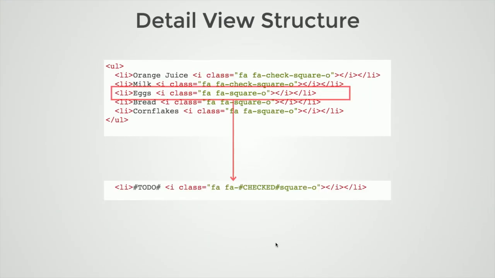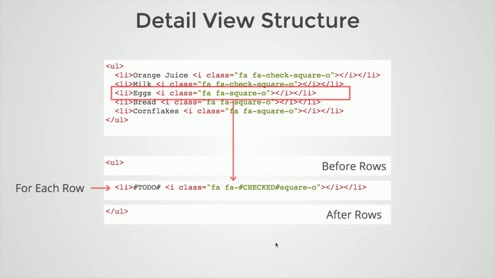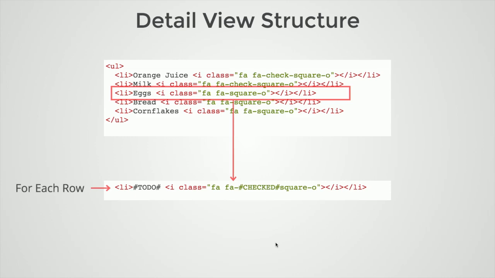All right, so we talked about how we have the for each row. We learned that we have the before rows and after rows, right? Now, we're going to use this for something that's called, as I said here, the detail view. So now we're going to see where on interactive reports and interactive grid, we can do some custom layouts like what we just saw without having to create a template.